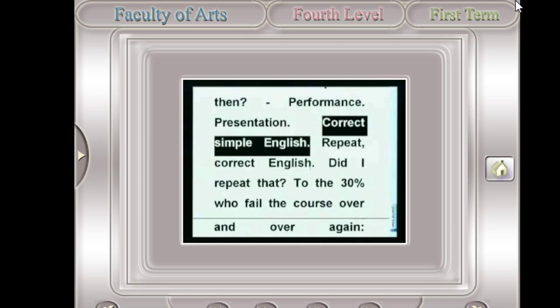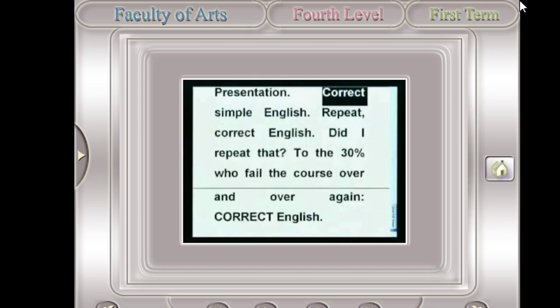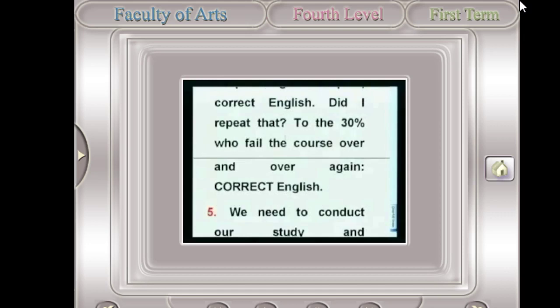If there's something really very complicated, we don't need to say it. What we need to say is to write down our observations concerning the two languages in very simple, correct English, and once more it has to be correct and good English. We repeat this a number of times, say correct English again. This has to be really very important.